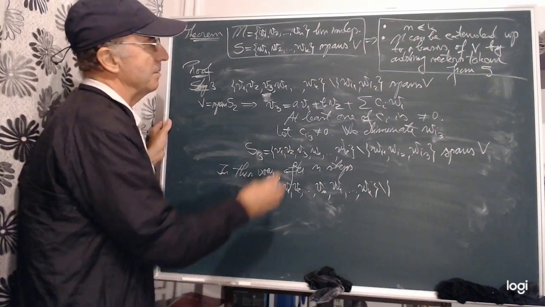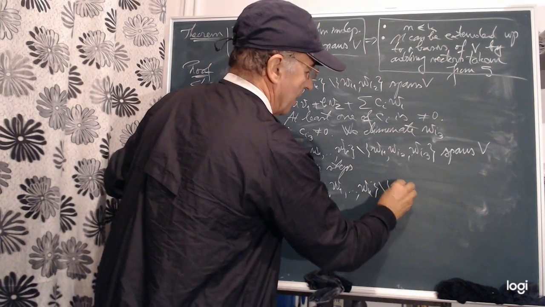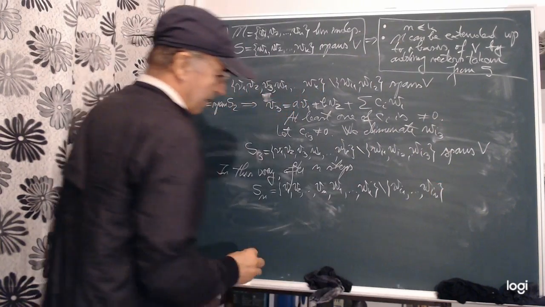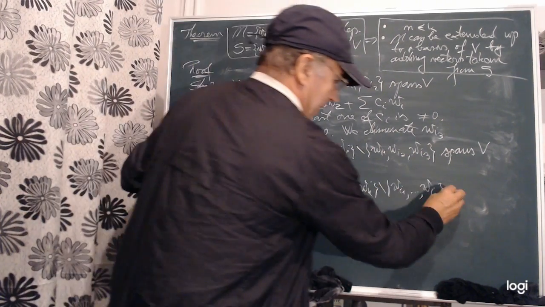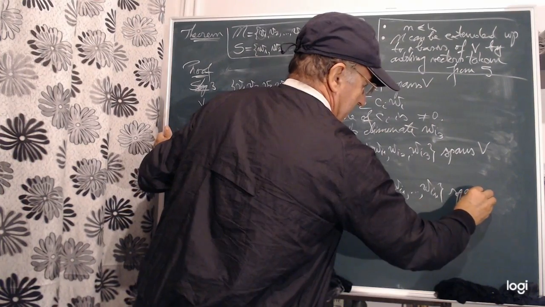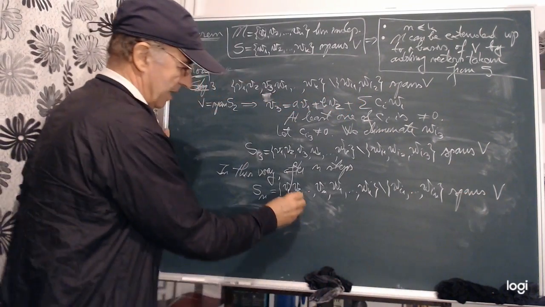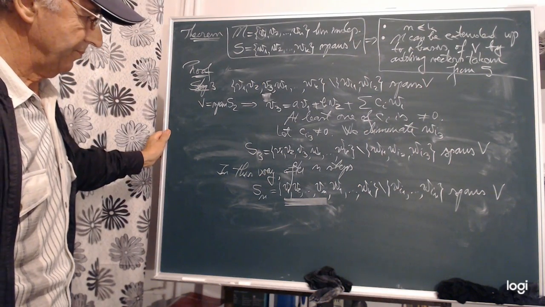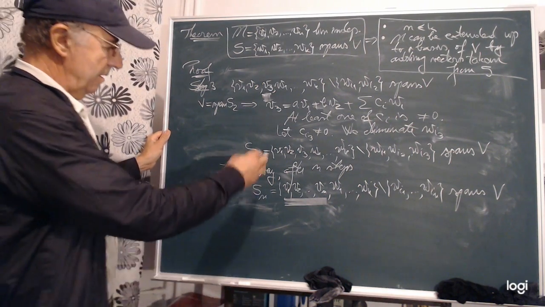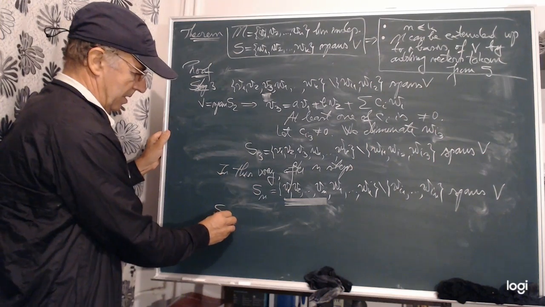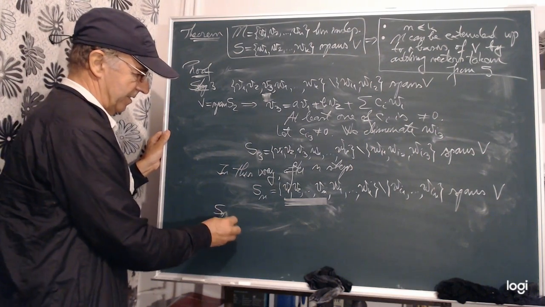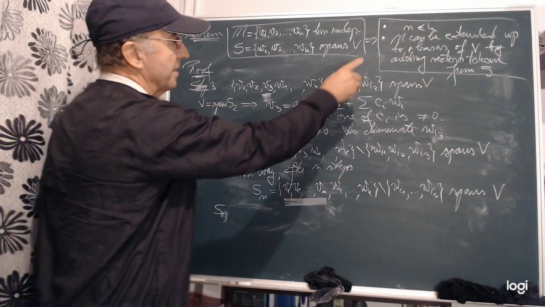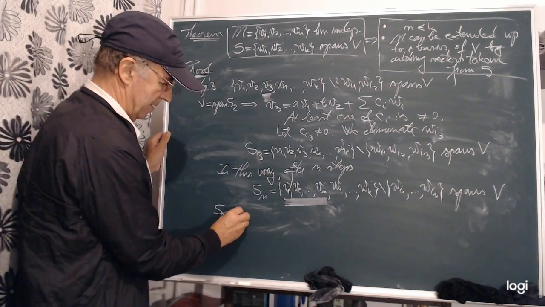We have eliminated Wi1 up to Win. This spans V. It contains all these vectors, and so it is necessary for k to be greater than or equal to n.